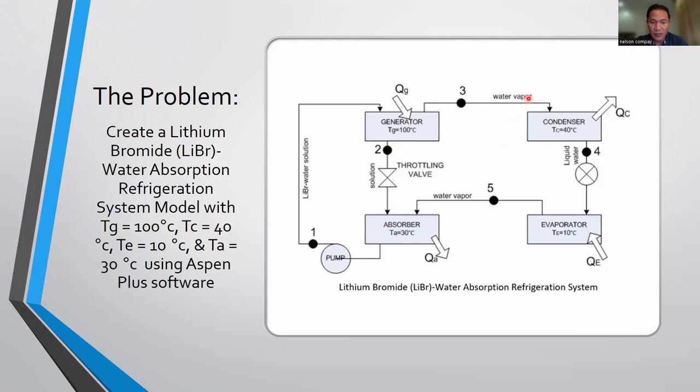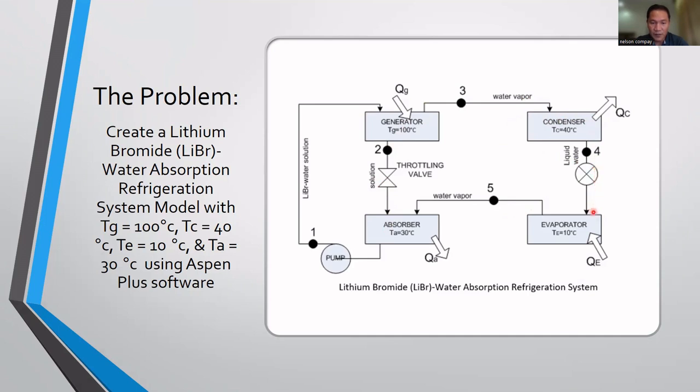From point 3, point 4, and point 5 will be the same process as the compression refrigeration system, wherein heat is rejected from a condenser to transform the refrigerant from vapor form to its liquid form, and then it passes to the expansion valve to reduce its pressure and temperature.